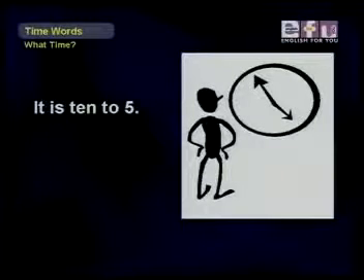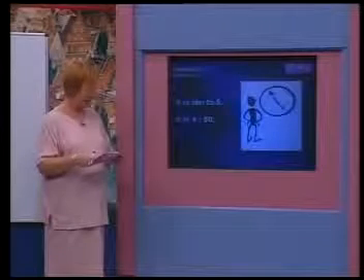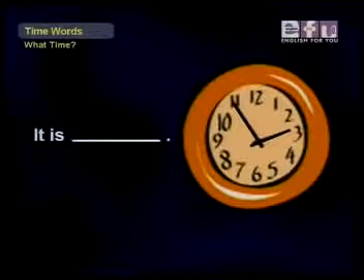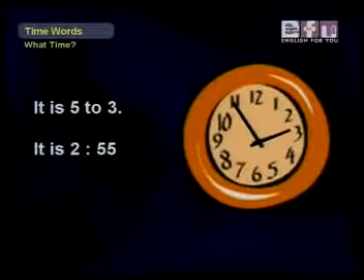Okay. It is 10 to 5. It is 4:50. Good. Now, Lisa, you do it. It is 5 to 3. Okay. It is 2:55. Yes. It is 5 to 3. It is 2:55. All right.